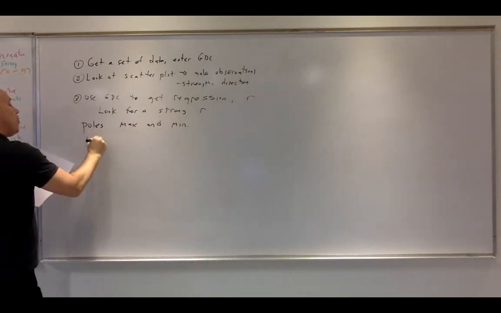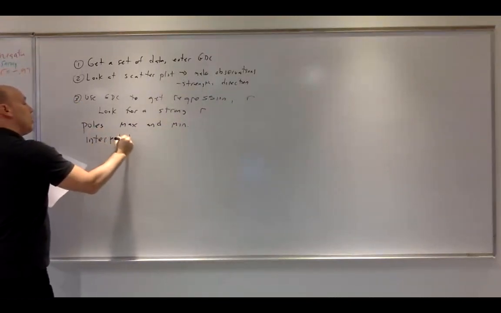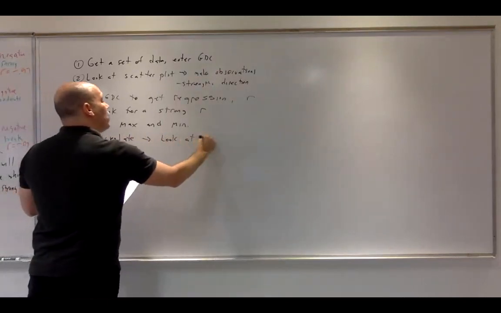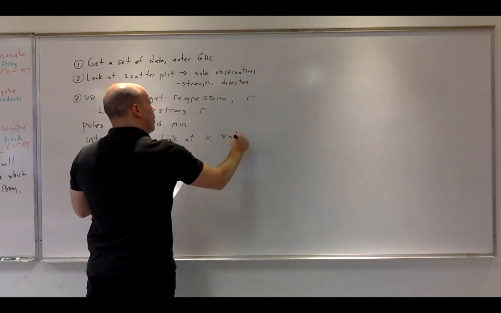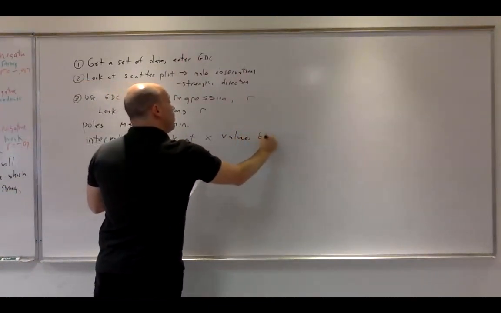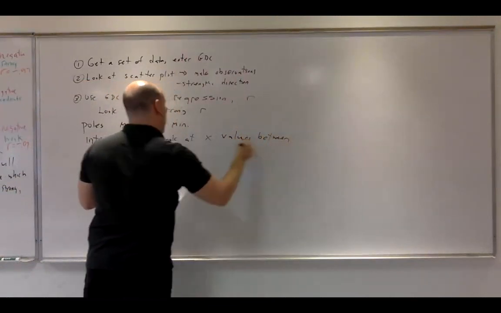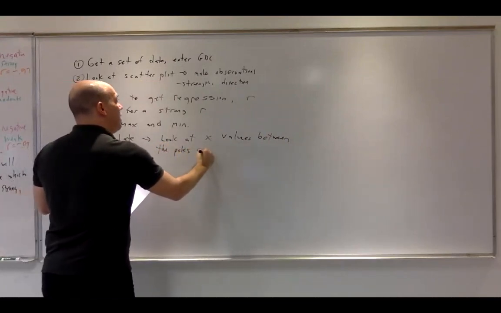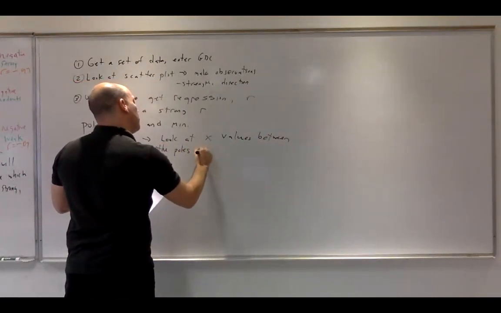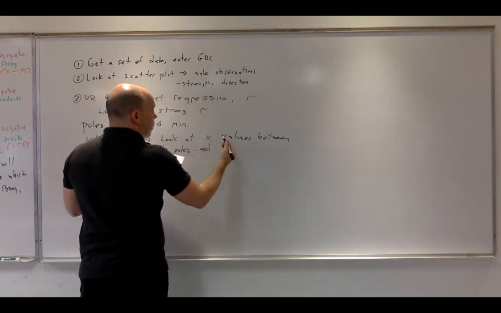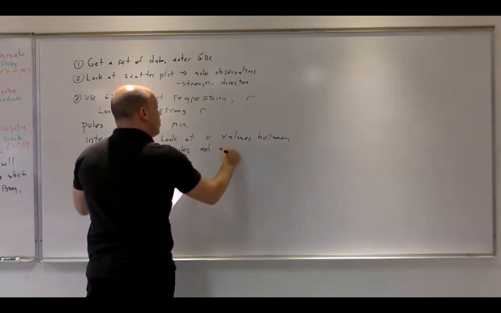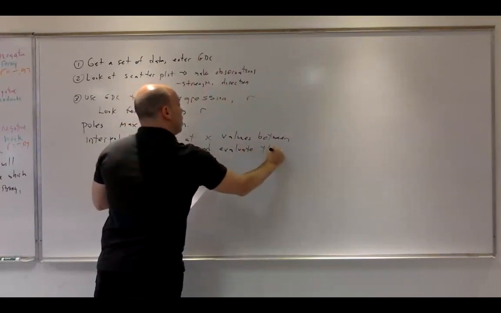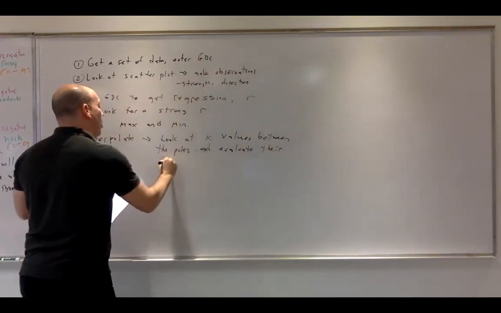And so if we want to interpolate, we want to look at X values between the poles and evaluate their corresponding Y value.